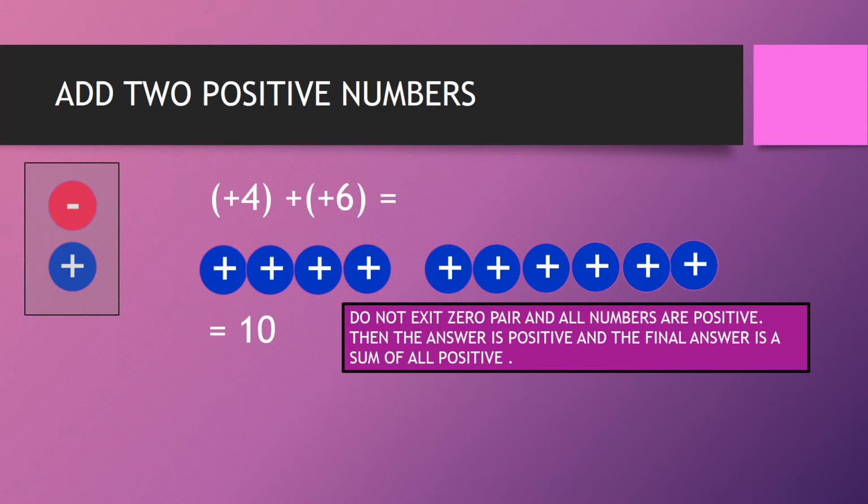Then the answer is positive, and the final answer is the sum of all positive circles. Now, that's very important. If you are adding 2 positive numbers, the answer always is positive. And the final answer is the sum of these 2 numbers.